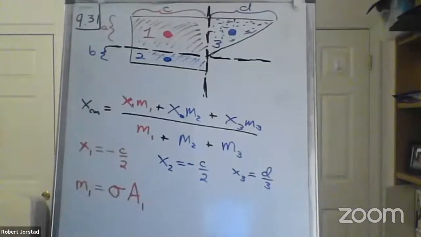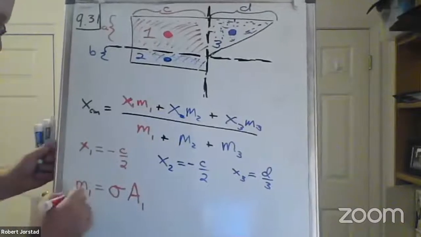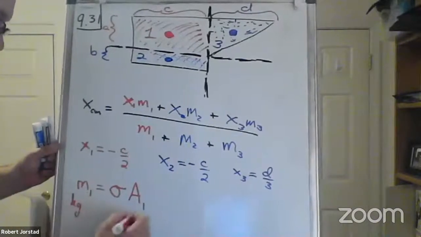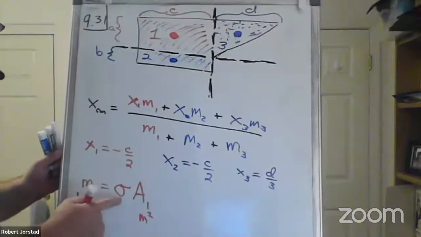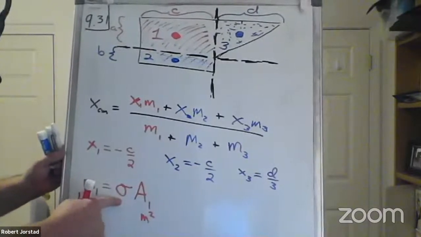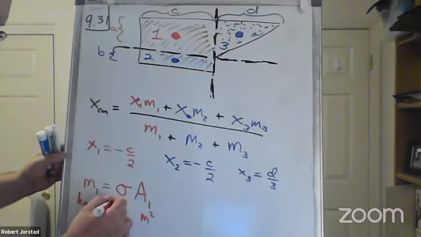Okay, so let's check the units of what this means. This is kilograms. This is meters squared. It's an area. What do the units have to be for sigma to work out? Kilograms over meter squared? Yep.